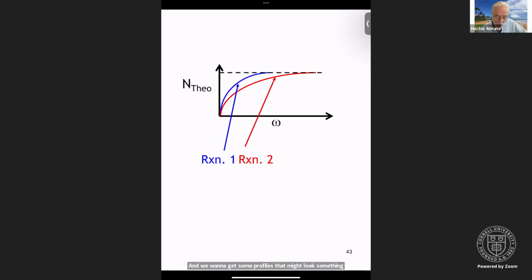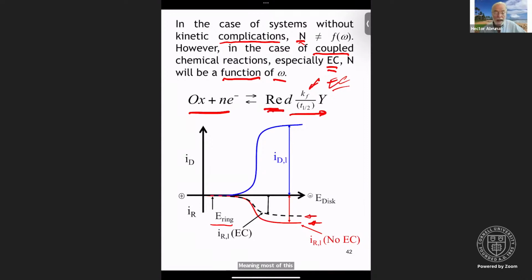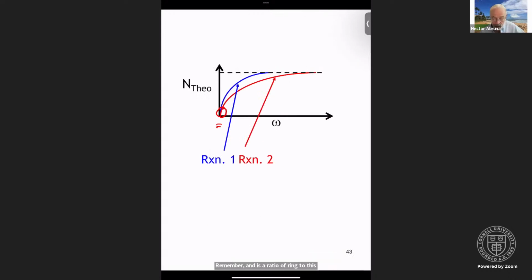So at low omega in this regime, we can see that we have a very low value of the collection efficiency, meaning most of this stuff is reacting, and so it's not making it to the ring, and therefore the ring current is very low. Remember, N is the ratio of ring to disk current. As we start rotating a little bit faster, we begin to be competitive with those kinetics, and so now our collection efficiency goes up. Eventually, it will reach the theoretical limit, which is the dashed line.